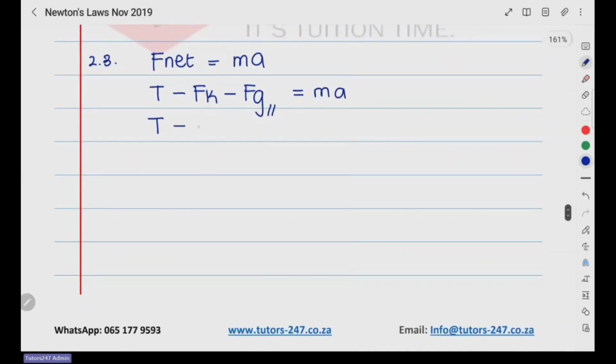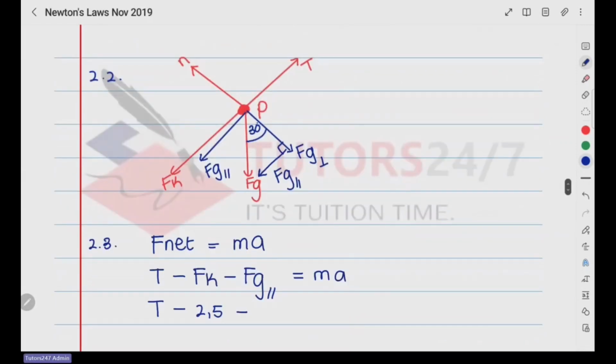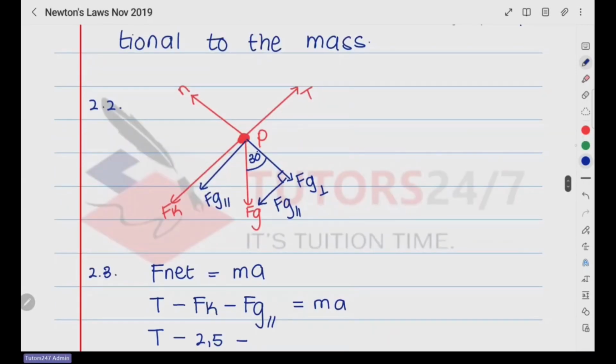So in place of Fk, we substitute 2.5 minus, we need to find the formula for Fg parallel. What would our formula for Fg parallel be? Mg sine theta. That is correct. Mg sine of theta, in this case it would be 30 degrees.